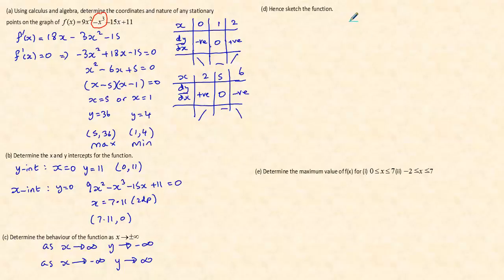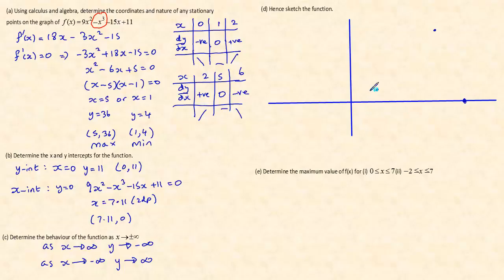So we want to sketch the function. So let's look what we've got. We know that we have a minimum at (1, 4). So that's there. And a maximum at (5, 36). And the only x-intercept is at 7.11.